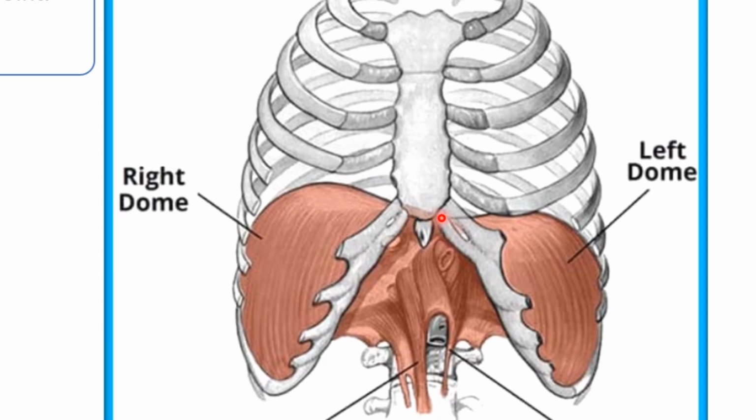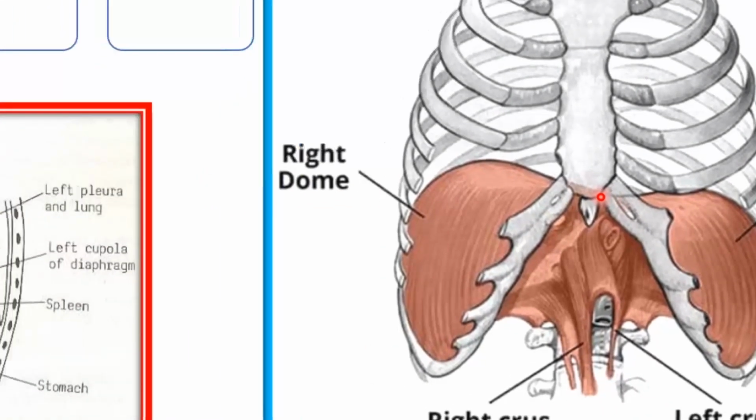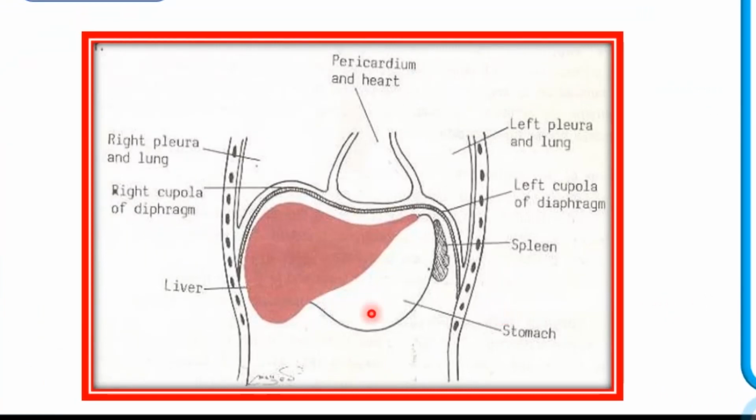So here where my light is the xiphisternal joint, and the upper part is the body of the sternum, and then here is the xiphoid process, and this is the xiphisternal joint. In this other illustration, we can see the clear higher right dome, we see the very low central tendon, and we see the left dome at this point too.